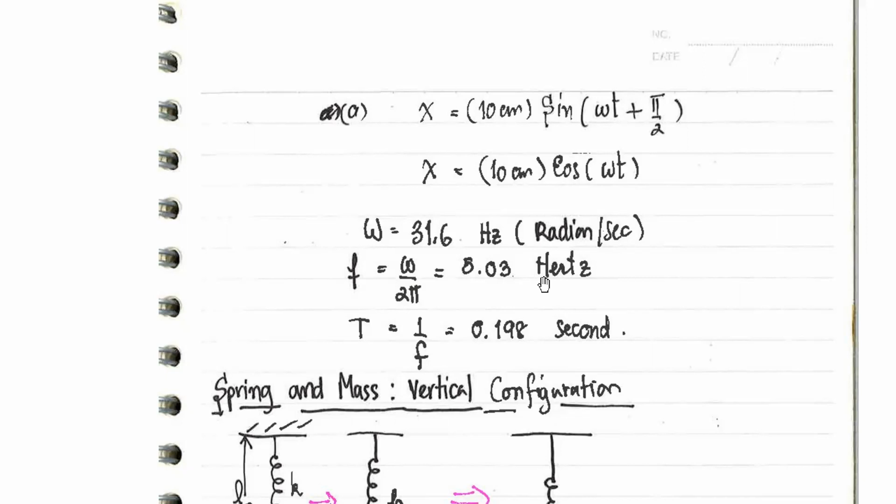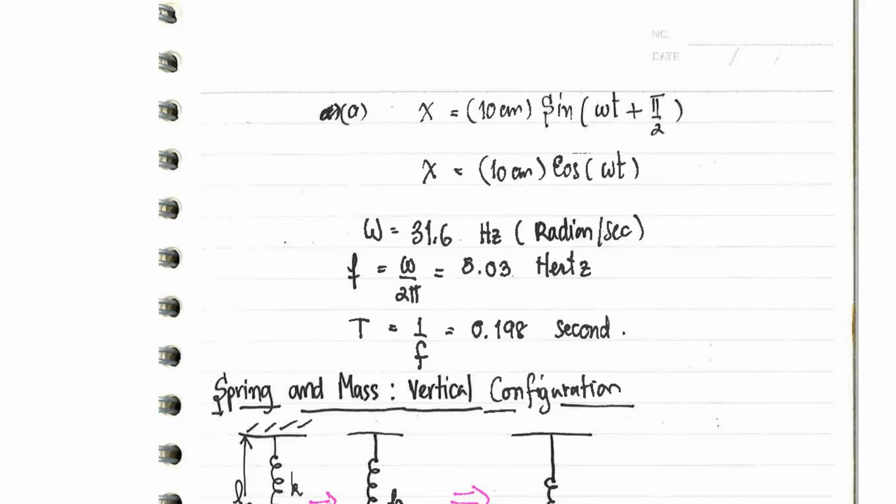Okay, well, actually rounding up, 31.6 divided by 3.16 is around 10, and 10 divided by 2 is 5. So it is slightly different from 5 hertz.